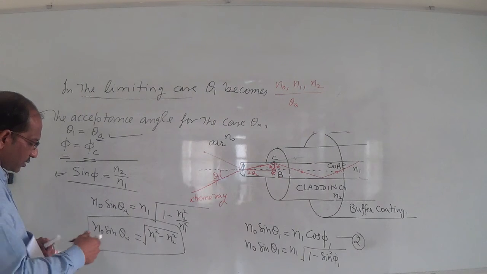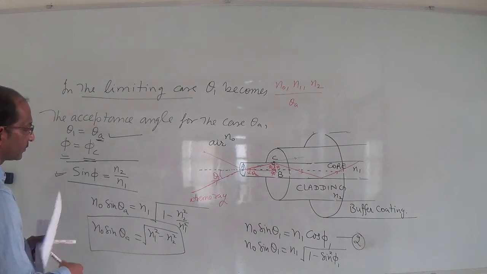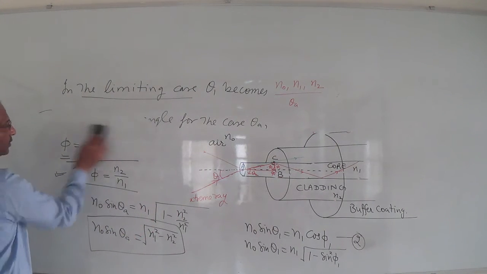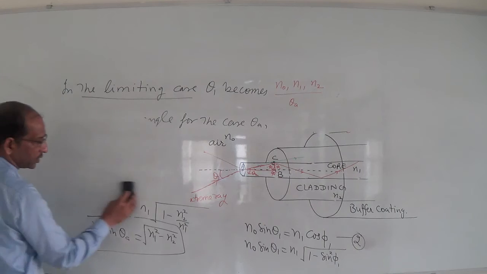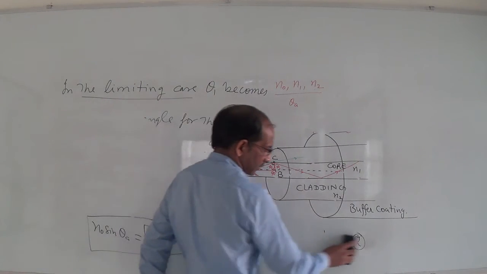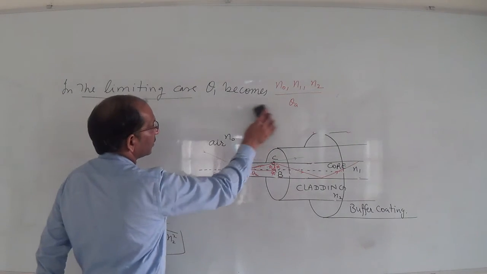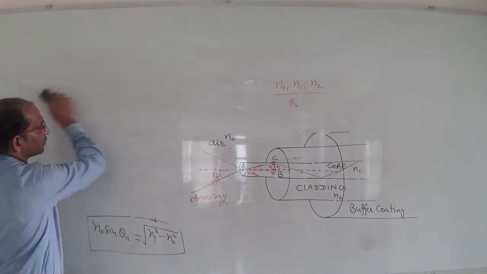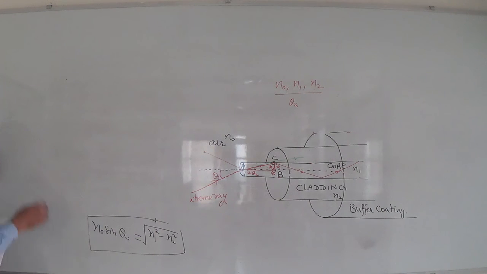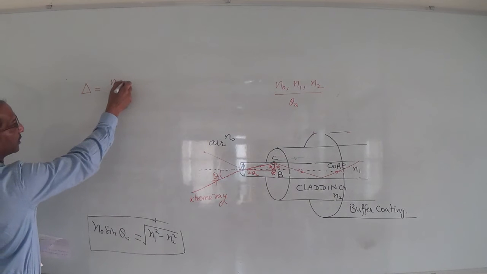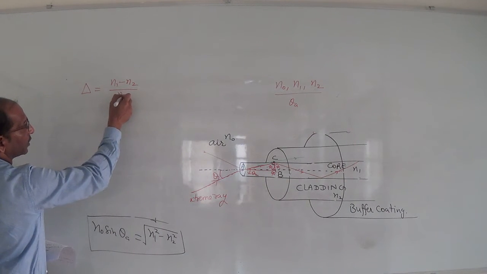So now one more form of the numerical aperture, that is in terms of the fractional refractive index. The fractional refractive index is defined by delta equal to n1 minus n2 upon n1 ratio.